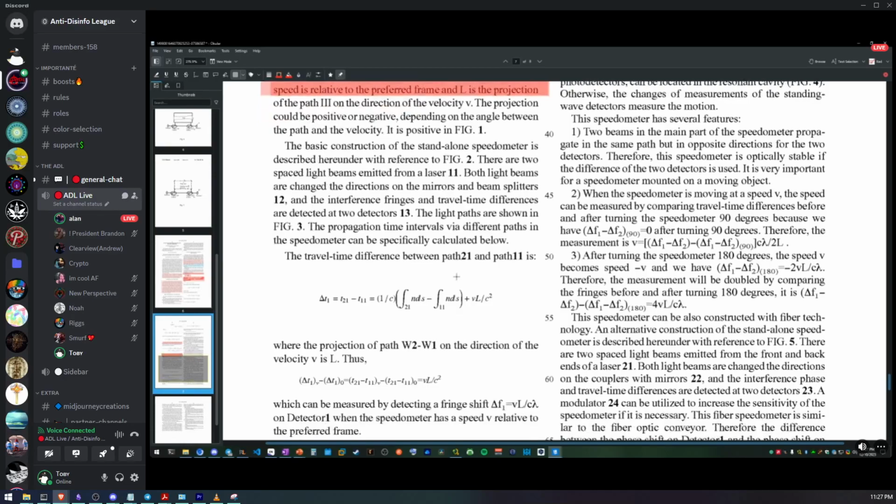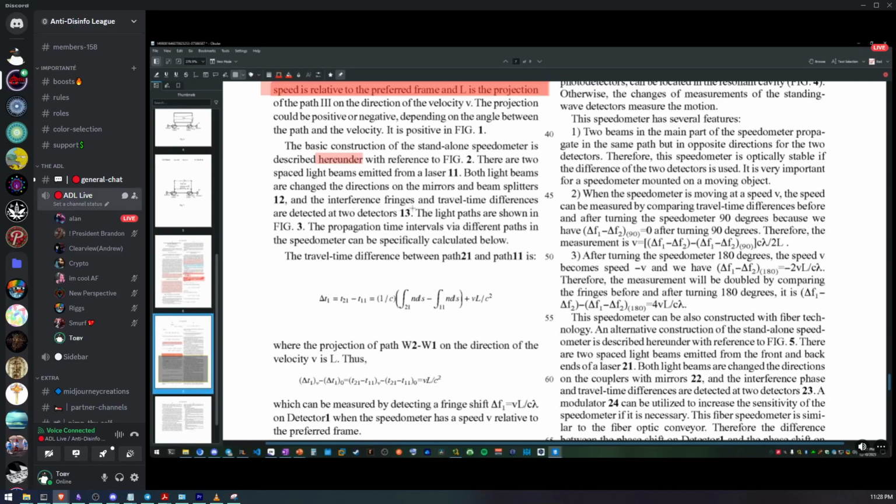So the basic construction of the standalone speedometer is described here under, with reference to figure 2. There are 2 spaced light beams emitted from a laser. Both light beams are changed in direction on the mirrors and beam splitters, and the interference fringes and travel time differences are detected at 2 detectors.